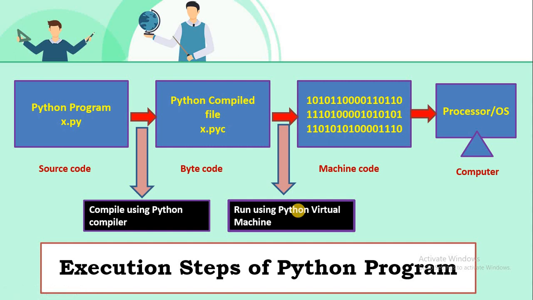That interpreter converts this bytecode into machine code. Now this native code or machine code is easily understandable by your computer. With the help of the processor and operating system, that machine code will be executed. You will get the output. This is the complete execution procedure of the Python program.